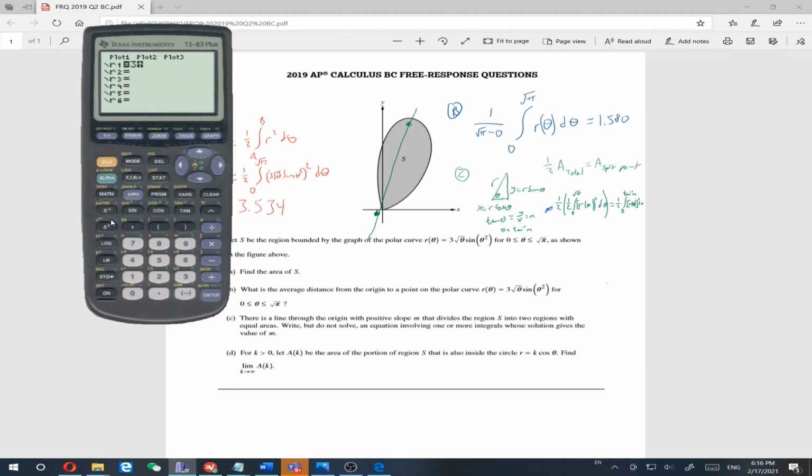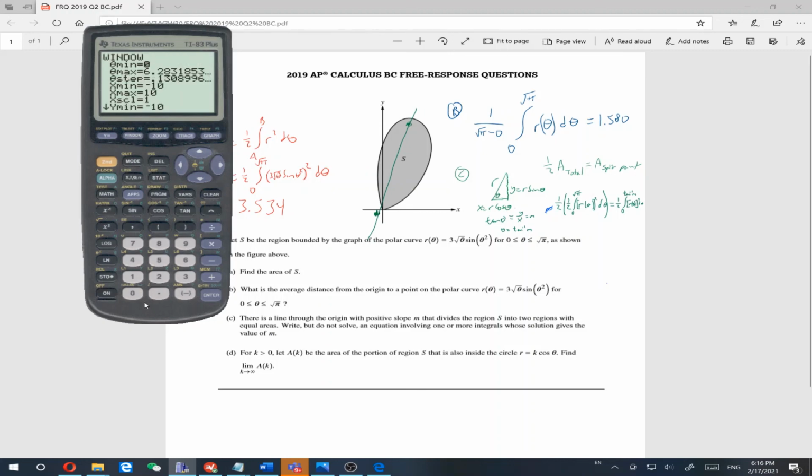Okay, 3 times square root of theta times the sine of theta squared. And k cosine theta, which I'm just going to model really quick as we'll do 4 times the cosine of theta.